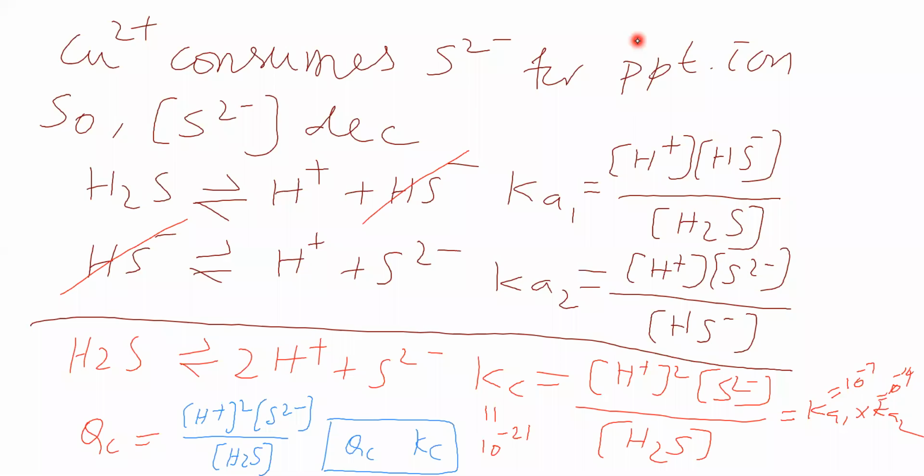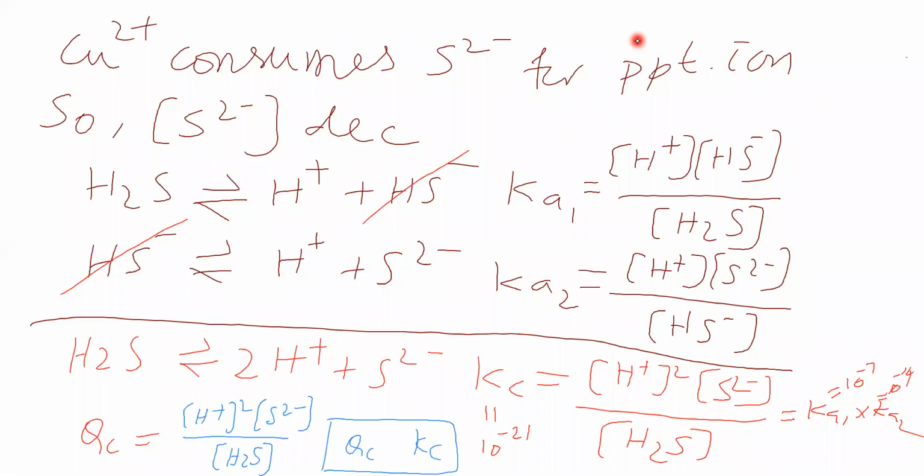If the system is at equilibrium, you take the Kc expression. If the system is not at equilibrium, you take the Qc expression. This is the concentration of sulfide at equilibrium.